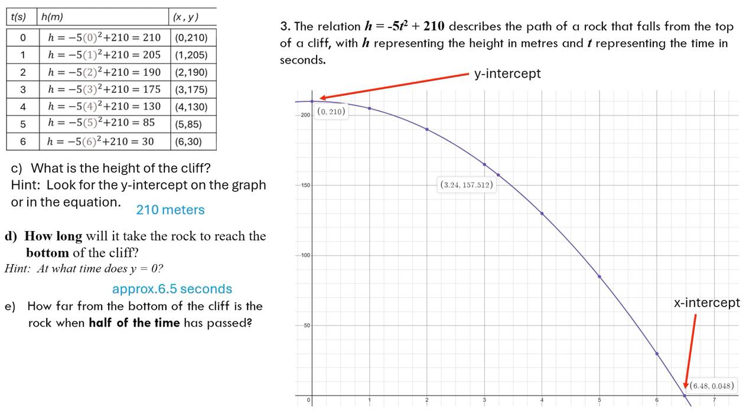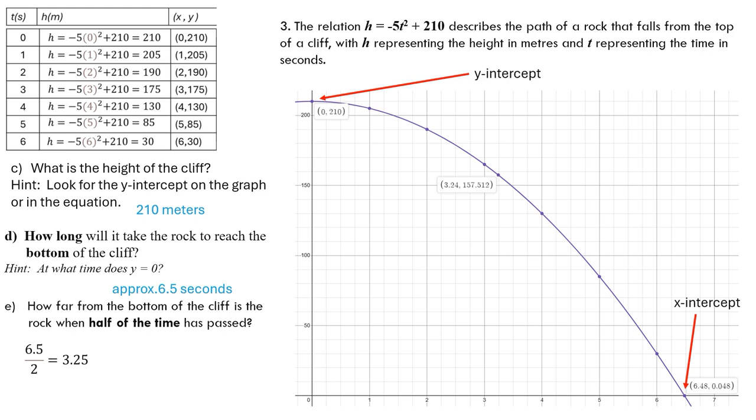And our last question is, how far from the bottom of the cliff is the rock when half of the time has passed? Well, we've established that the time is 6.5 seconds, so half of 6.5 is 3.25 seconds.